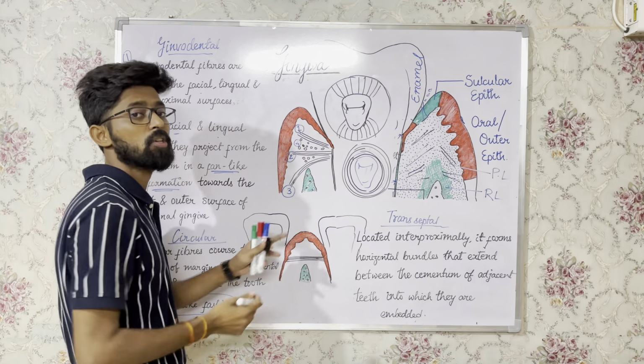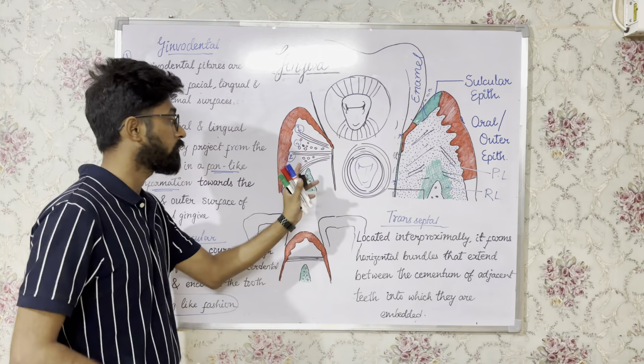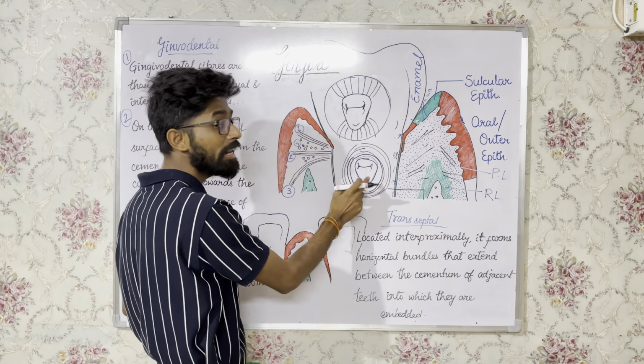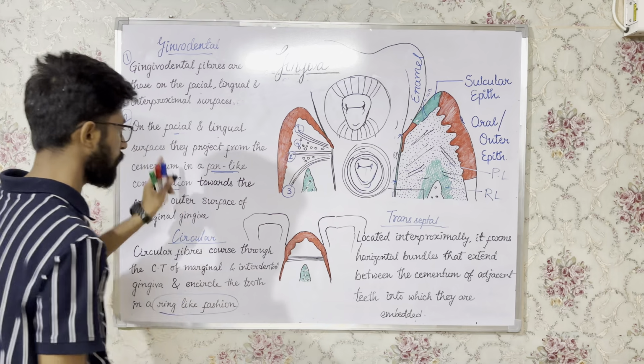It was not very clear in the previous diagram, so you can understand it more clearly in this diagram. Suppose this is a premolar: the circular fibers around the premolar will be like this, and gingivodental fibers will be like this on the facial and lingual surfaces, fan-like conformation, and this is ring-like configuration. These 2 points are enough.